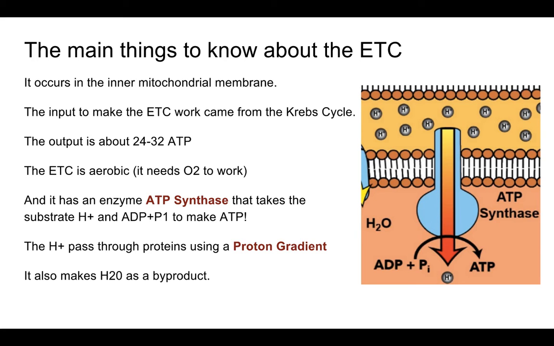And that takes the hydrogen ion and the adenosine diphosphate to make ATP. The hydrogen ion will pass through the proton gradient. So again, you're going to see a collection of all those hydrogens on top, and that collection is going to force it down within the enzyme. And the byproduct of the electron transport chain is water, which you will eventually either sweat or pee out.